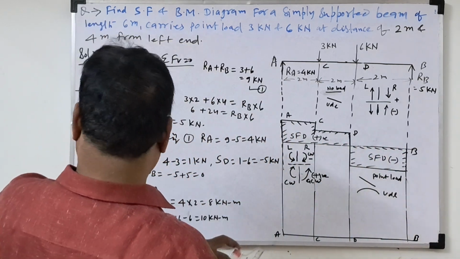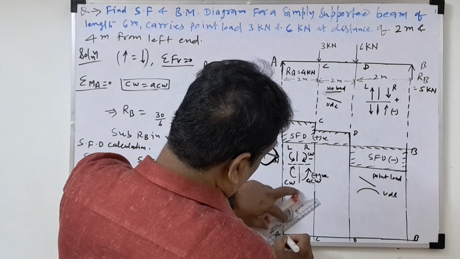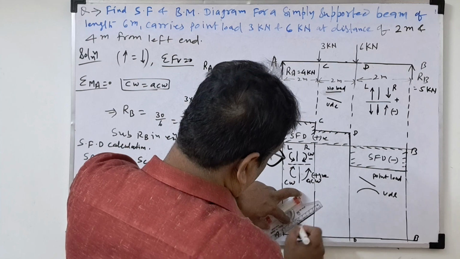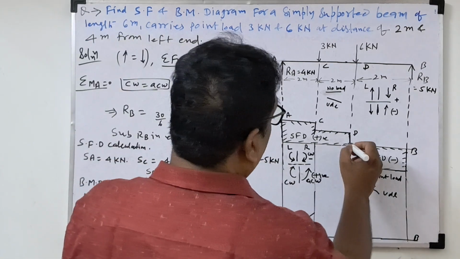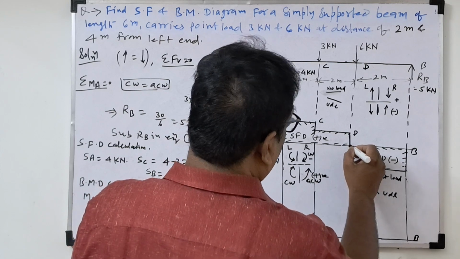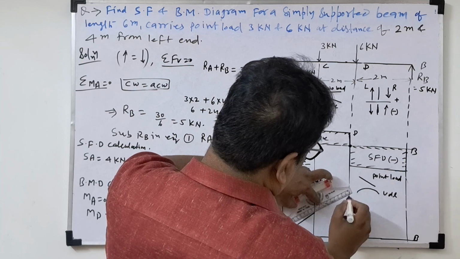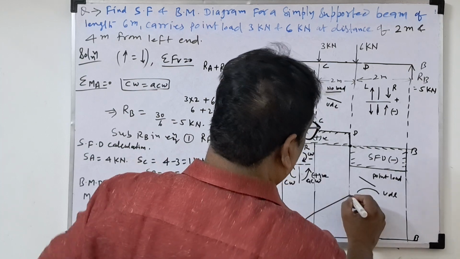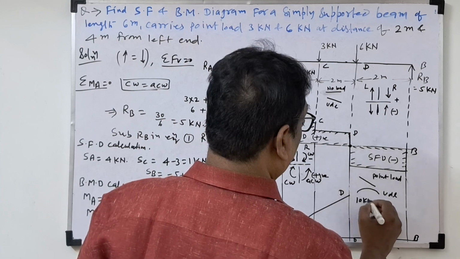So up to this how much? MC how much? 8 kilonewton meter. Now MD is 10. Shear force is 0 at point D, so the bending moment will be maximum at point D. How much? 10 kilonewton meter.